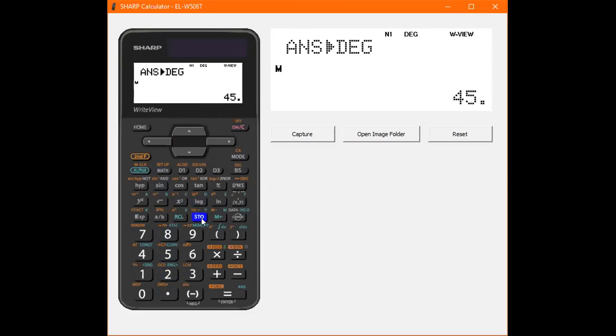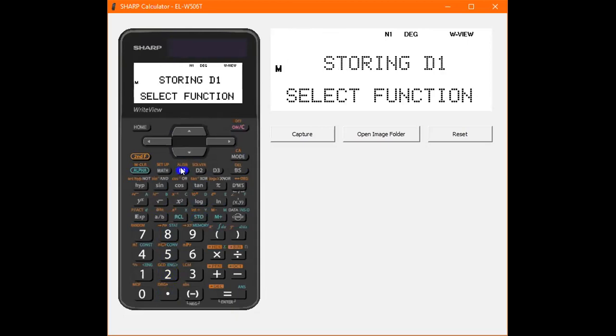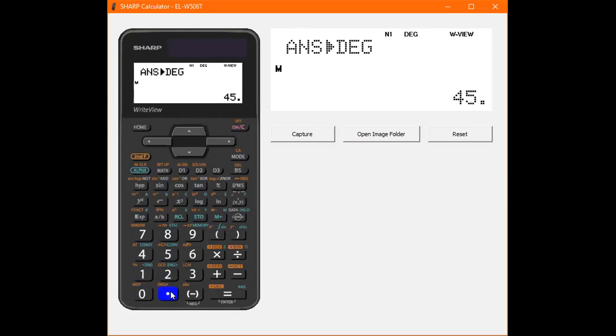Now, if you want to do the shorter version of that, what you can actually do is store that function into your D1 key. So I can say like so. And then when I press, let's say I have 90 degrees now and I want to know radians, I can just press D1. So it's just a shorter version. Instead of having to press second function the whole time, you can now just press your D key.